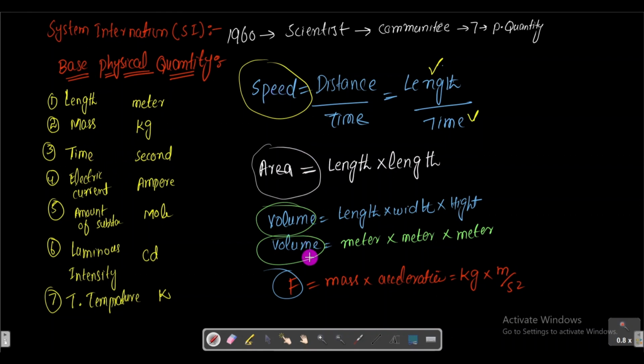So these are all called derived physical quantities because they are derived from the base physical quantities.